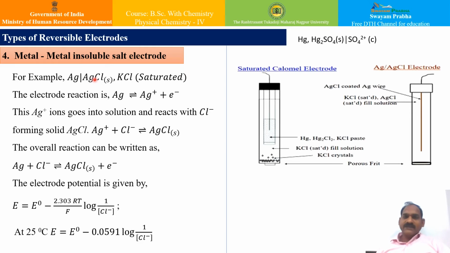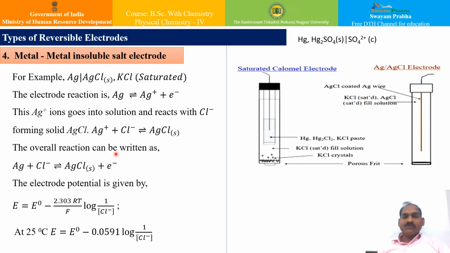Now you can say it is partially coated with a thin layer of an insoluble salt of the metal. This assembly is then held in contact with the solution containing the anion of the insoluble salt, say silver chloride, so in that case it is silver chloride. Now, electron transfer basically occurs between the metal atoms of the electrode and the metal ions in the insoluble salt. Correct? You can see over here, isn't it?